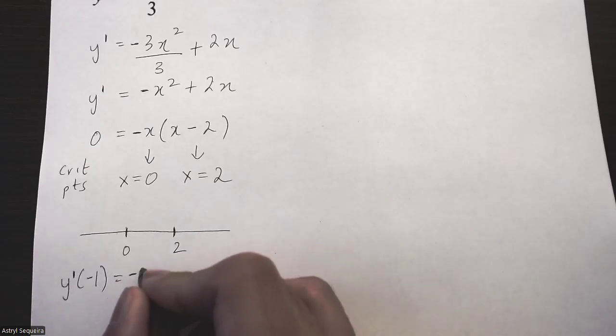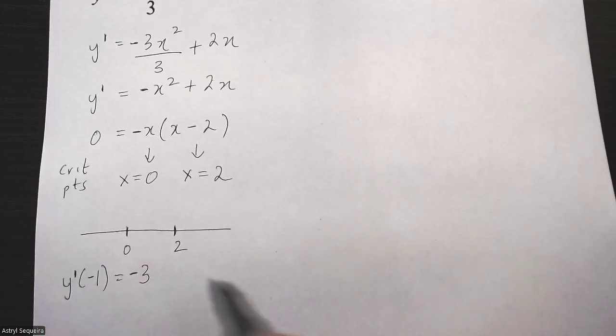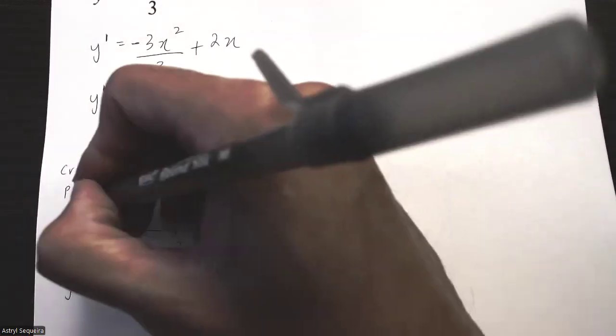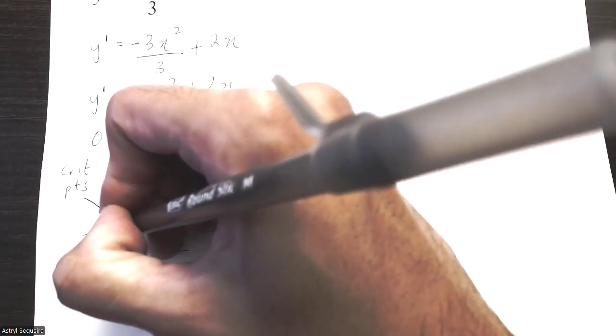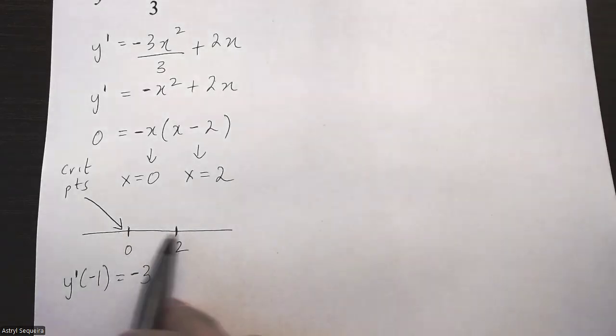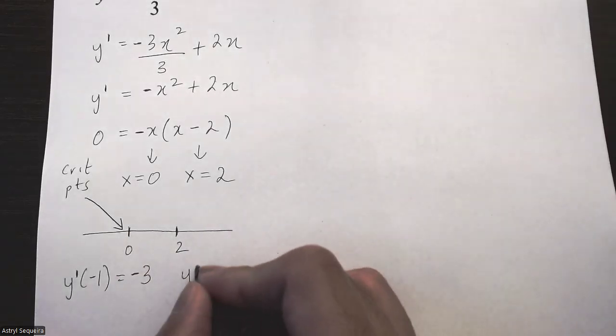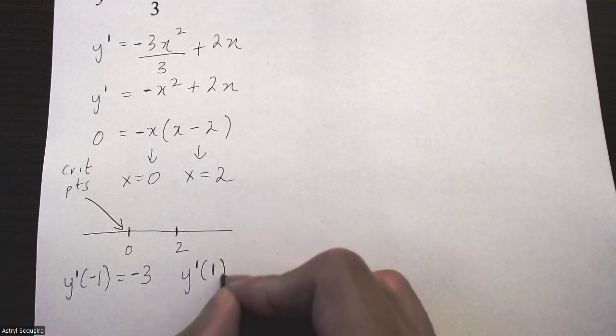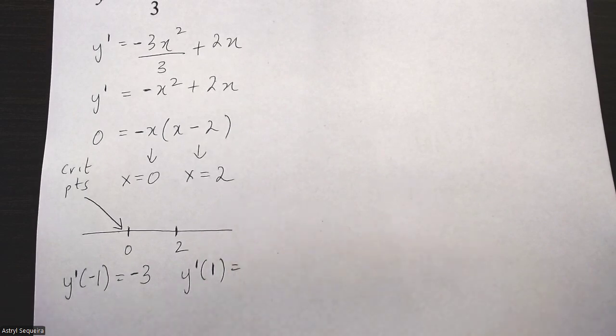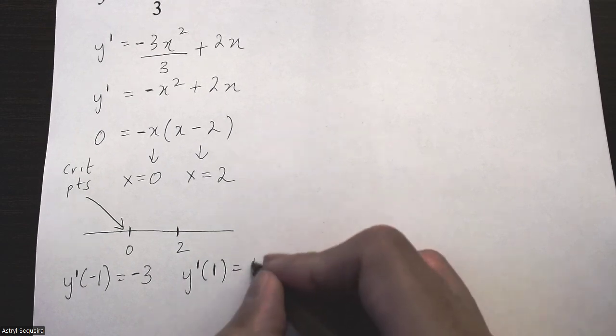And I get -3. Since it's a negative value, it means this interval here is decreasing. Then I'll pick a value between these two. I'll pick +1. If I put that in my calculator, I will get 1.